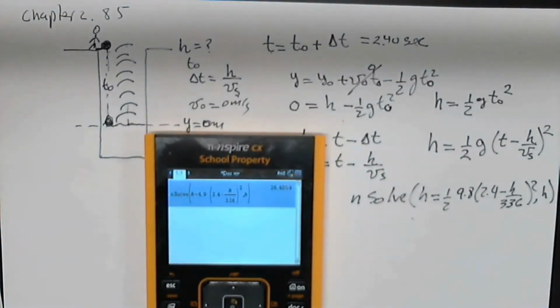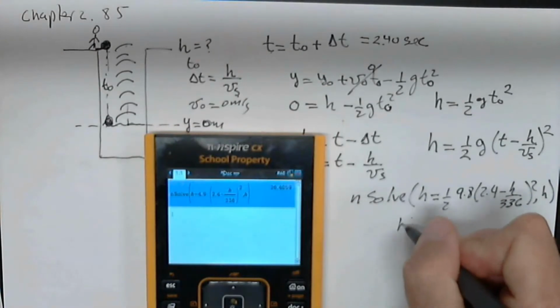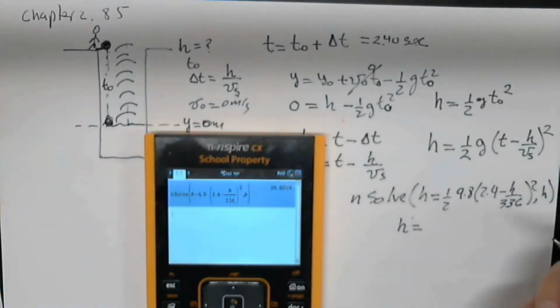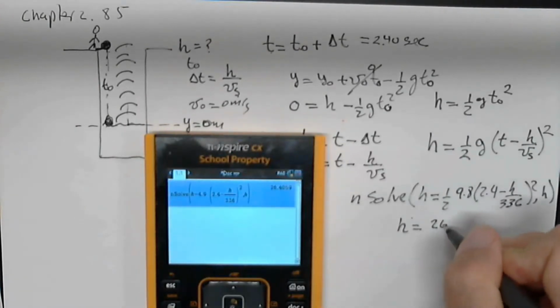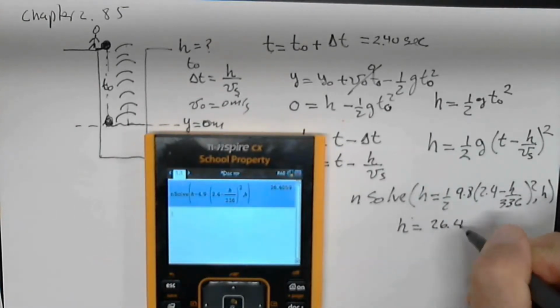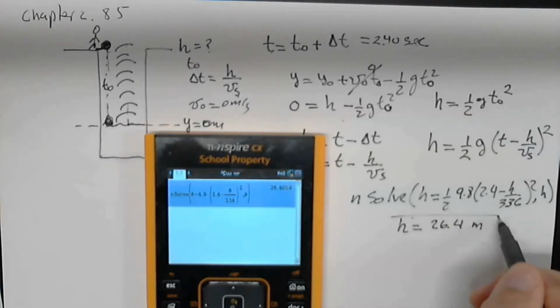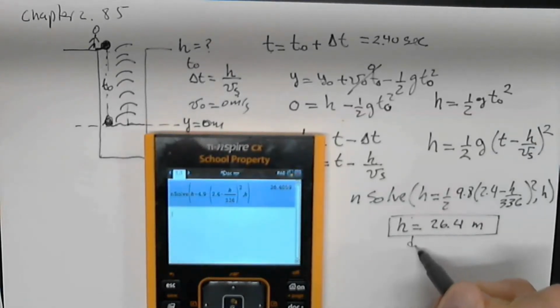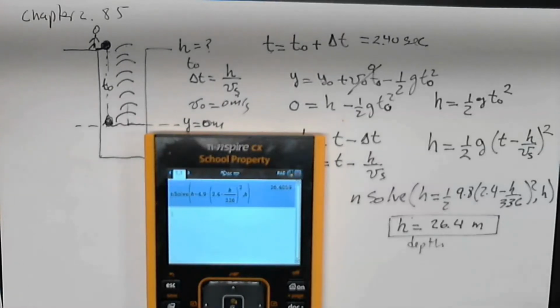So as you can see, the height is 26.4. I mean, the depth is, this is the depth. The depth is 26.4 meters.